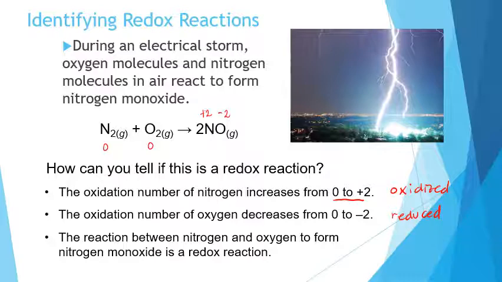So again, an increase in oxidation number means the substance is oxidized, while a decrease in oxidation number means the substance is reduced. So the reaction between nitrogen and oxygen to form nitrogen monoxide is a redox reaction because there is a transfer of electrons. There is a change in the oxidation number of the elements from the reactants going to the product side.